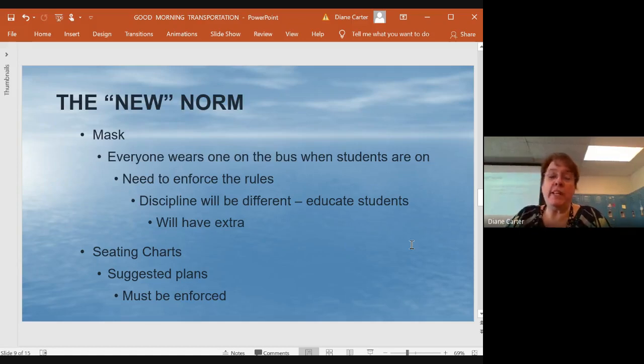Now, you can use that painter's tape to go around the seat a little bit so that they don't have the edges to pull up, and it'll be a little harder. But when there's nothing else to do and you're not supposed to be talking to the people around you or playing with them, then that tape's going to become the game while they're sitting in that seat. So putting their names on them may not work.